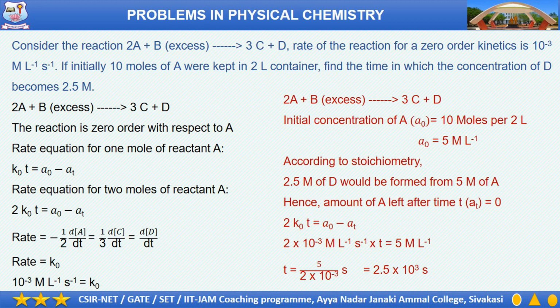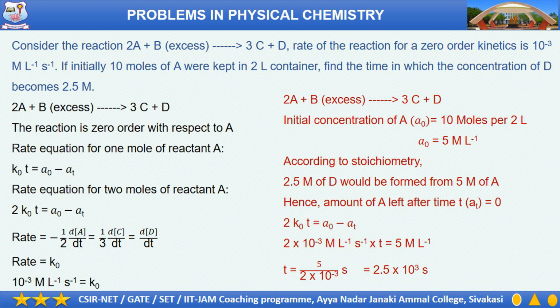But that is for the case where the stoichiometry of the reactant is only one. We have derived the general equation assuming that the stoichiometry of the reaction is 1. But whenever the stoichiometry is given like 2 or 3 or 4, that rate equation is slightly changed.